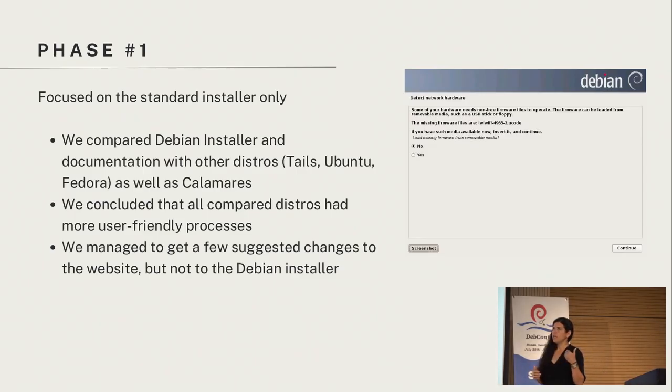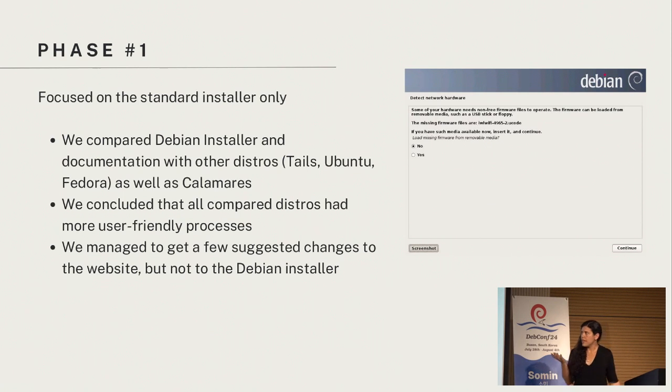We focused on the standard default installation of Debian, and we compared with other distributions: Tails, Ubuntu, and Fedora, and also Calamares, which is the installer in the Debian Live image.